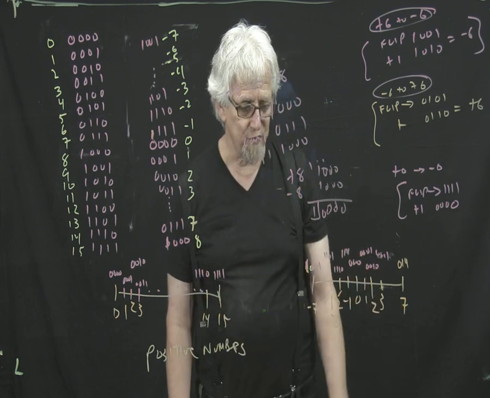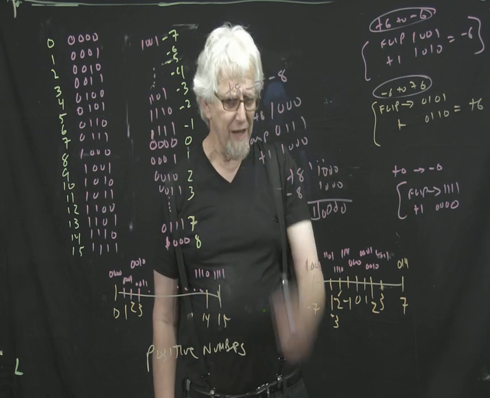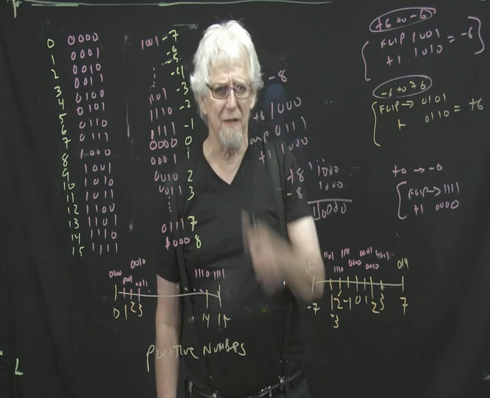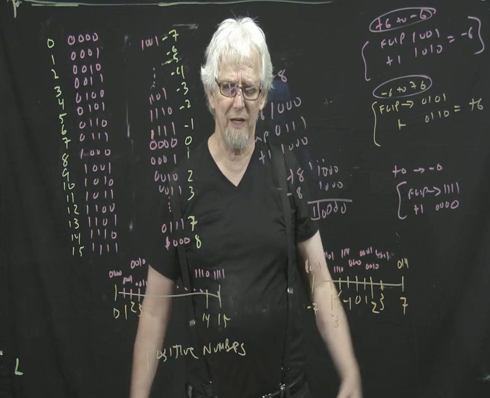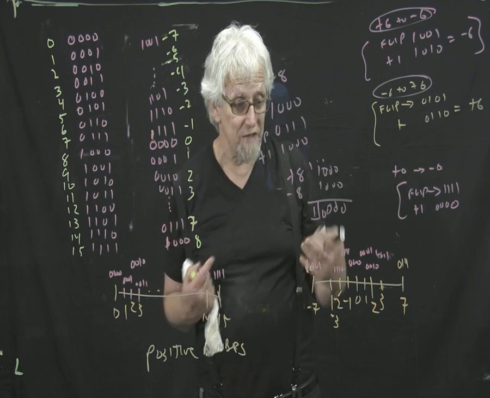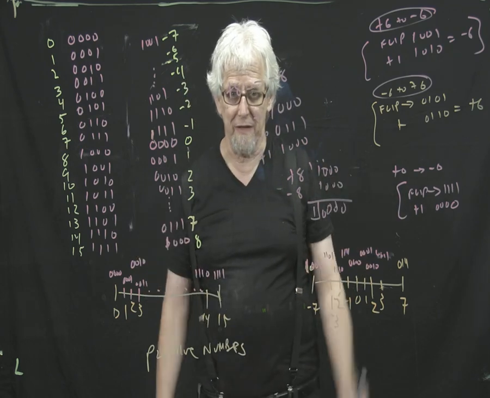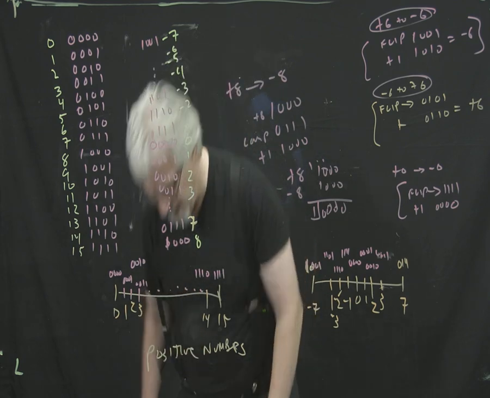Okay, that's 14 there. Then there's a 0 makes 15. I'm left with only 1 bit pattern left, and I need 2 more numbers, plus 8 and minus 8. And this scheme just happens to give the same bit pattern for plus 8 and minus 8. Well, clearly that's not going to work, okay?